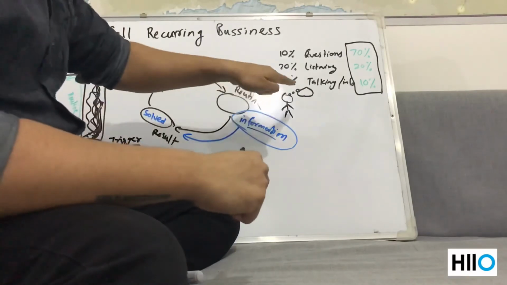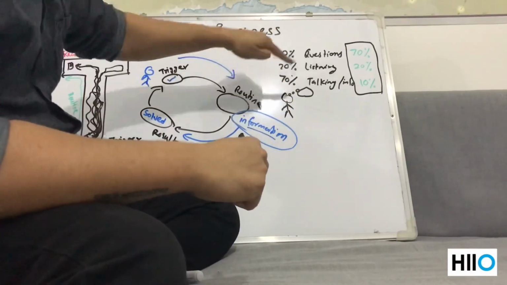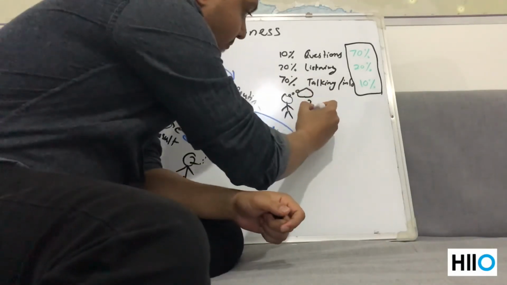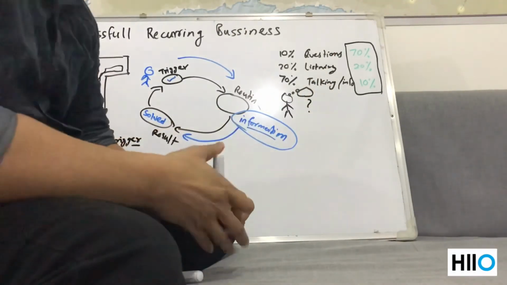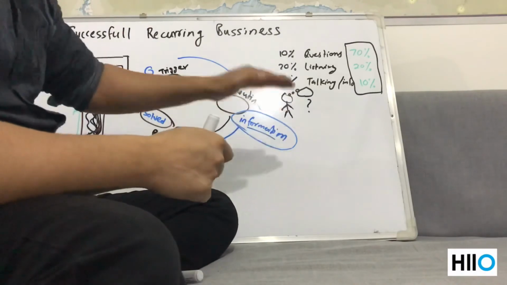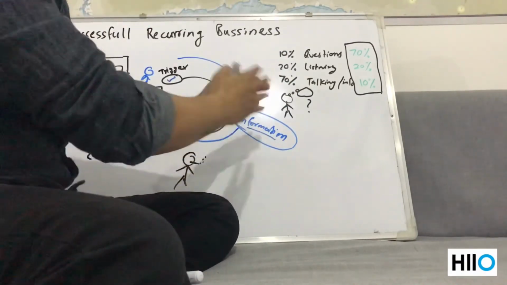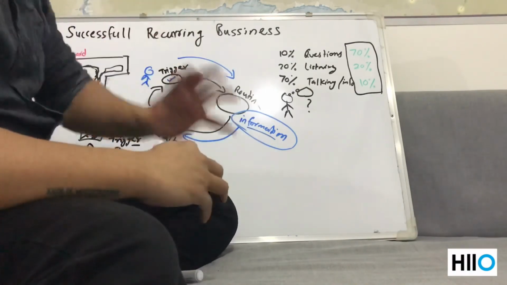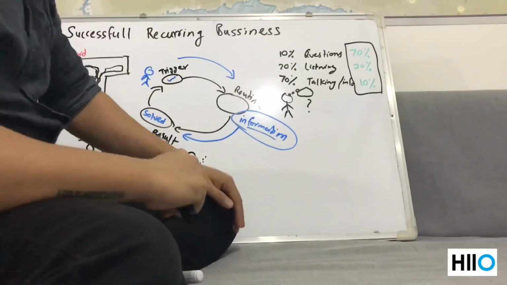Plus, most of the time when you ask multiple questions related to that problem, they automatically figure out the solution themselves, and you just have to direct them towards it. This trick works every single time.